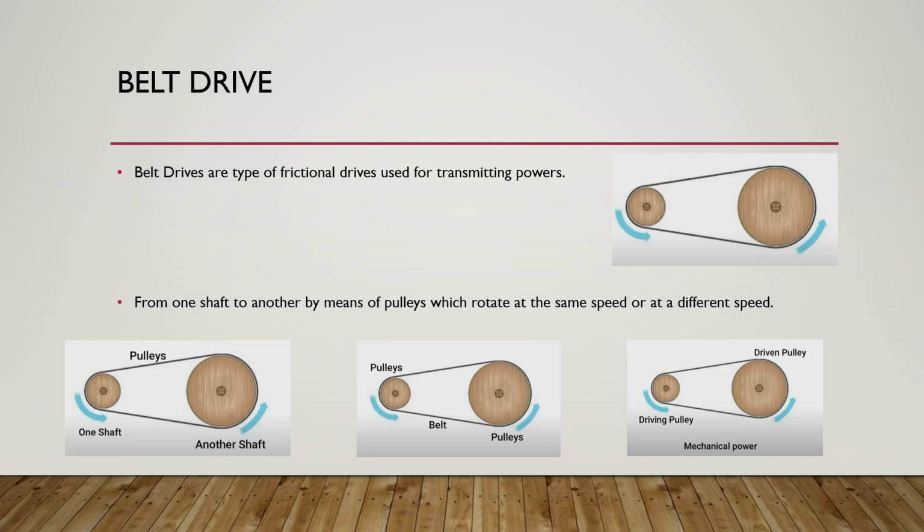So nara ang iyahang pulley o ang belt. So mechanical power or rotary motion is transmitted from one driving pulley to the driven pulley. The smaller pulley is called the driving pulley while the bigger pulley is the driven pulley.